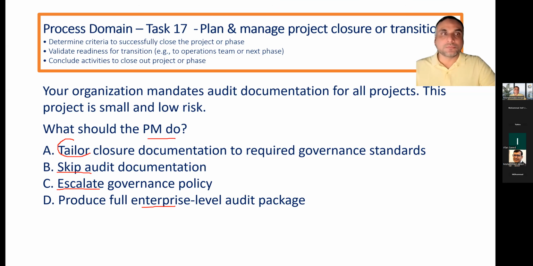We are here to tailor. Tailor what is applicable to your size. It's not about the project being small or the organization being small. No, follow it, but what you have to do is tailor it.